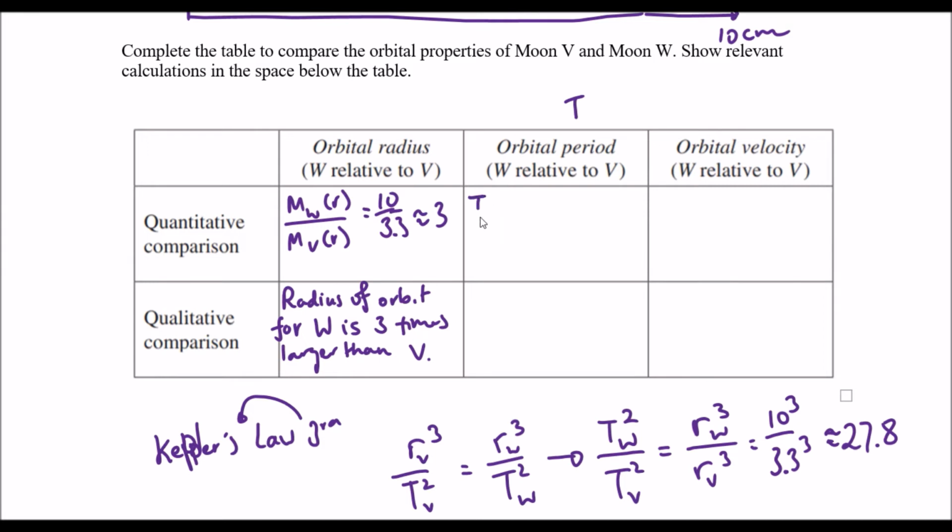Knowing that, T_W² over T_V² is equal to 27.8. If we square root both sides, we'll know the difference of the equation. So I might just draw the root here.